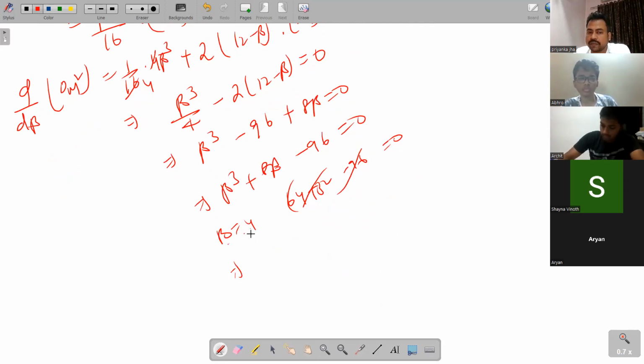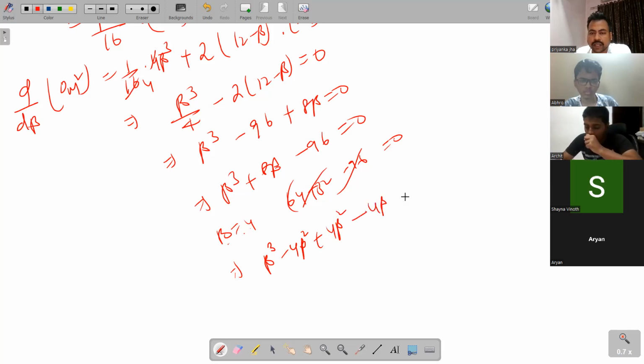Means beta minus 4 should be a factor. So beta cube minus 4 beta square. There is no beta square term, so plus beta square, 4 beta square minus 4 beta plus 12 beta minus 96.